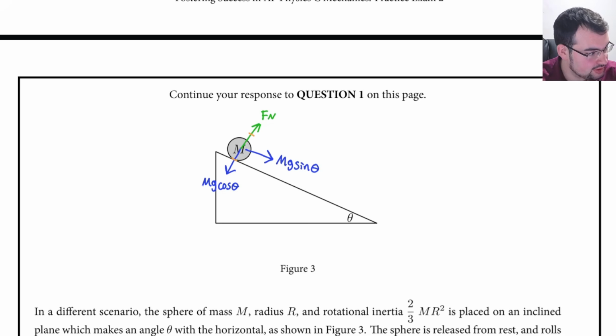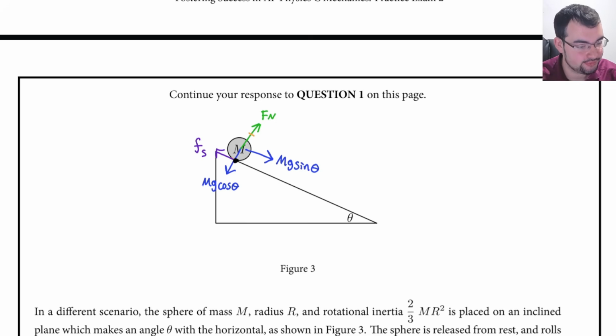So to oppose the sliding, the frictional force must point up the incline. This is static friction. So that's one way of figuring out static friction goes up the ramp: to prevent this dot on the bottom of the sphere from sliding down the incline, which is what would happen if you released a non-rotating disc from rest.